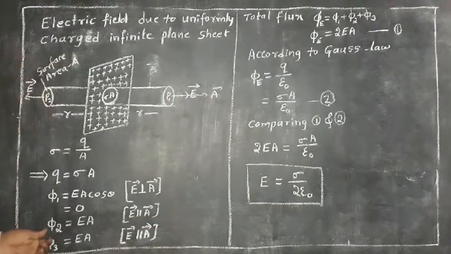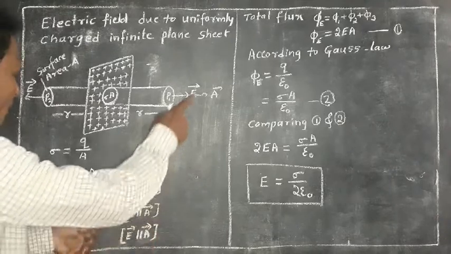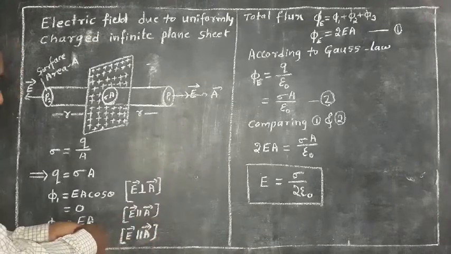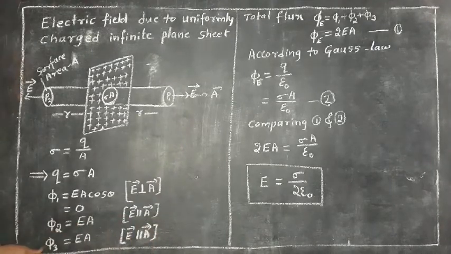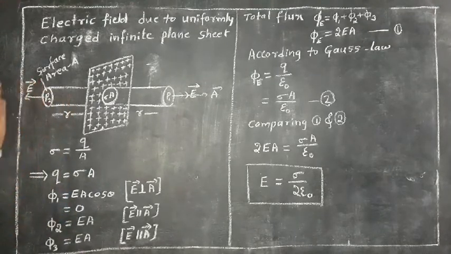Therefore, flux through the second surface phi 2 equal to E into A, since cos 0 equal to 1. And phi 3 be the flux through the third plane surface.